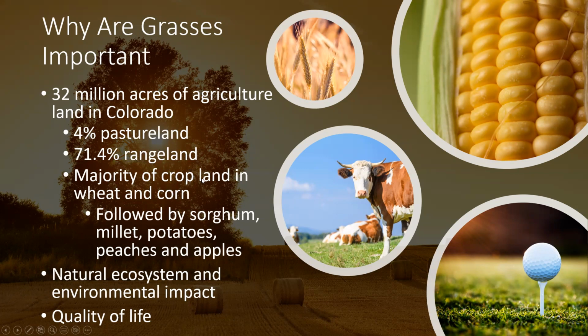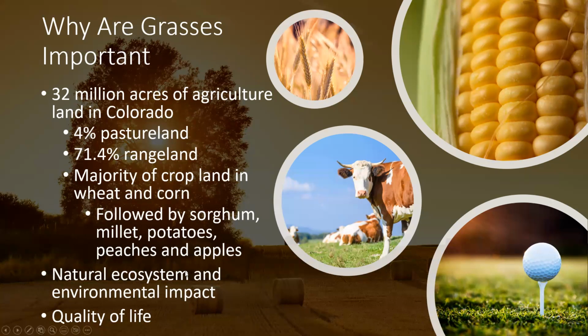The majority of the crops in Colorado are wheat and corn, which are both grasses, followed by sorghum and millet, which are also grasses. And then we go on to our non-grasses, potatoes, peaches, and apples. The natural ecosystem of a huge part of Colorado is grasslands or grassland prairies.